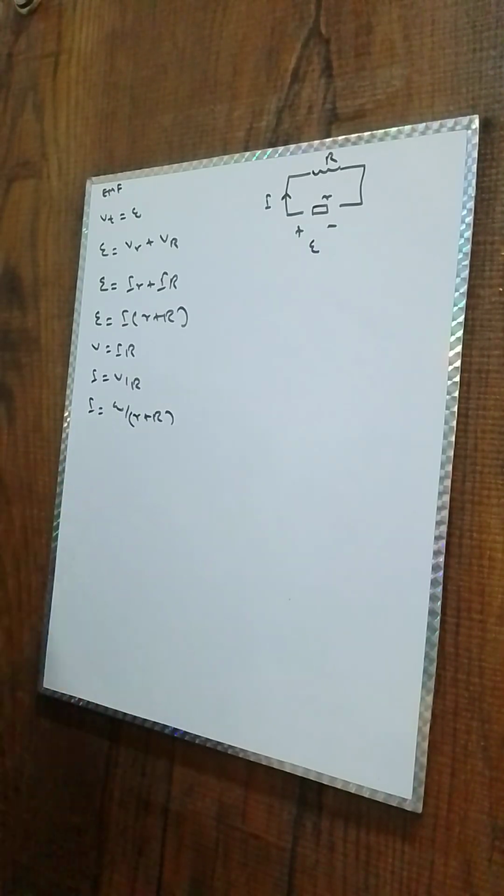In this situation we have R plus r, small r plus capital R, the total resistance of the loop.